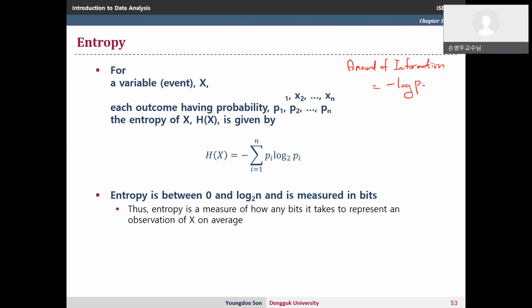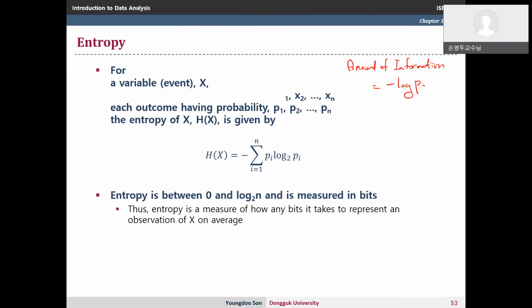So let's consider this coin toss as an event. Then we can make an expected value of this information from this event. So that is the definition of the entropy.